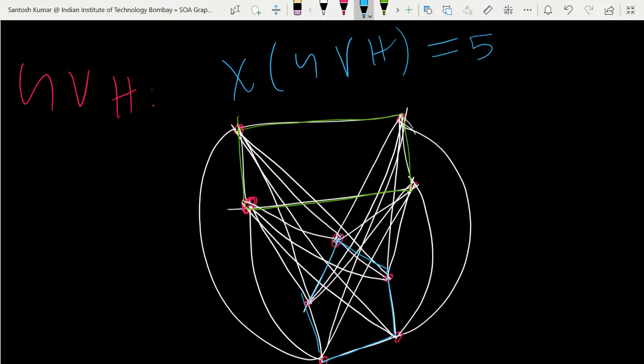Yes, it is going to be 5, because we can see 1, 2, 1, 2 you can take here, but here again, since this vertex is adjacent to each of 1 and 2, that we labeled, you have to give it a third color. Again, this is adjacent to 1, 2, 3 all. You have to give it a fourth color.